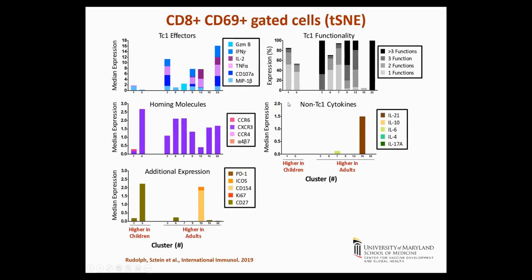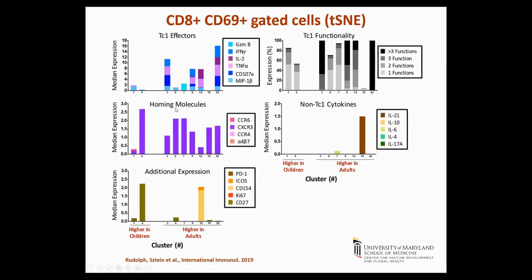And this is probably better exemplified on the right panel, in which cells exhibiting more than 3 functions in black, or 3 functions in dark gray, are really concentrated in those clusters that are overrepresented in adults.